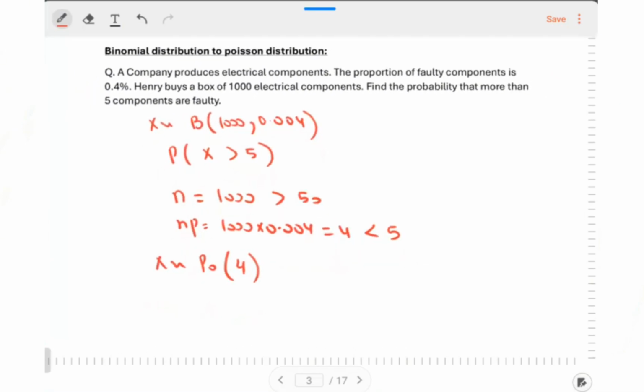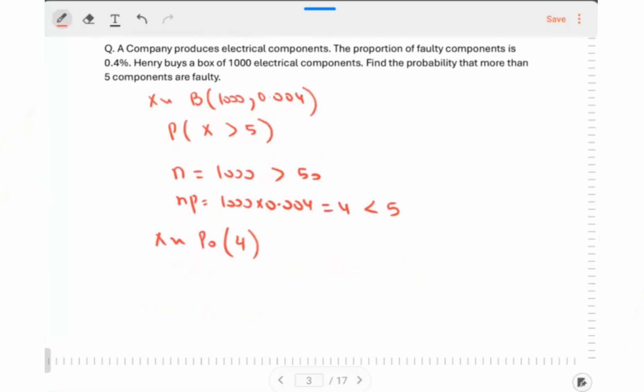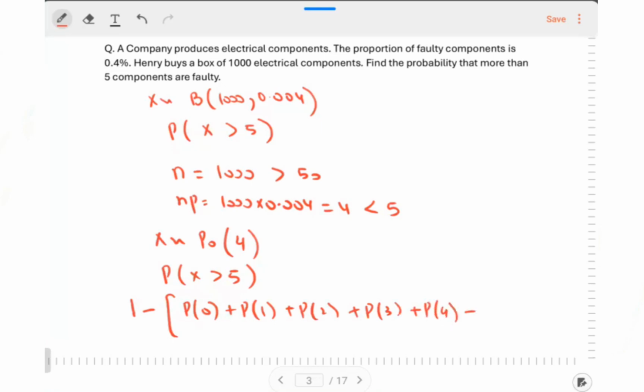And we need to find the probability of X is greater than 5. So 1 minus probability of 0, 1, 2, 3, 4, and 5. Is everyone following me?